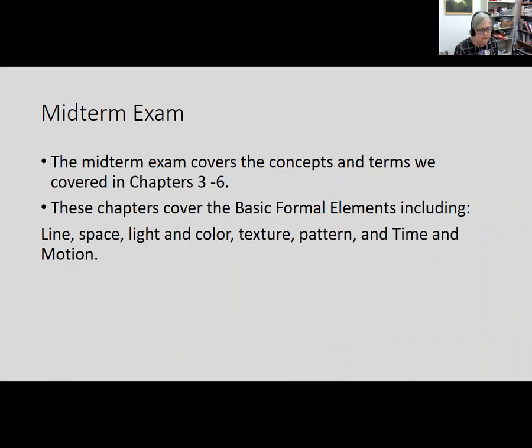So you're going to be asked to identify different ways of using line, different ways of depicting space, different methods of depicting light, different color families, color schemes, ways of using color, tints, tones, and shades, texture, different kinds of textures, actual and visual texture, and pattern and time and motion, including the suggestion of time and motion, the illusion of time and motion, and actual time and motion.